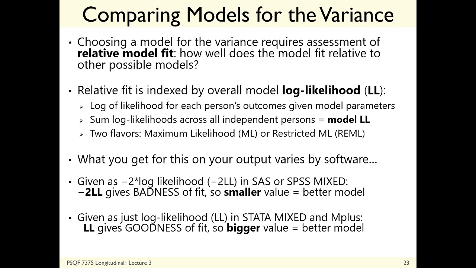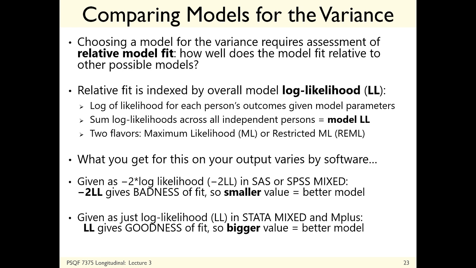And each person has a likelihood function. Basically, you take each person's set of data, you plug into it the best guess of the parameters, and you come up with a likelihood value for that person. If you take the log of it, then you can add the values across people because people are supposed to be independent. And so that number then is the height of the model, where bigger is better.